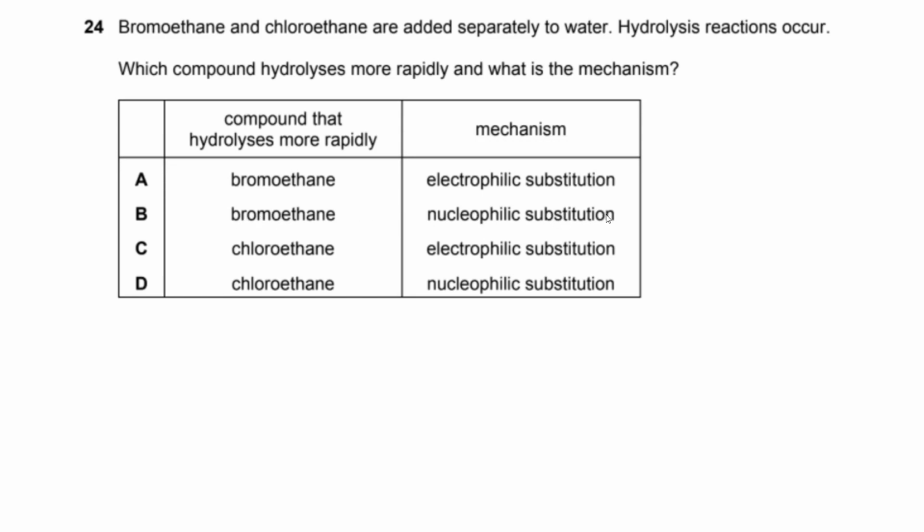So we see, nucleophilic substitution, nucleophilic substitution. Then it's asking which one's going to react quicker. We have to remember which kind of halogenoalkane is the more reactive, and it's always going to be the larger one. Therefore, 24 will be B because it has both bromoethane and the nucleophilic substitution.